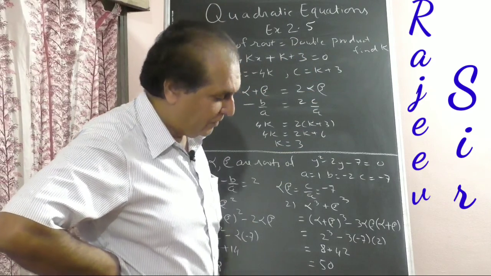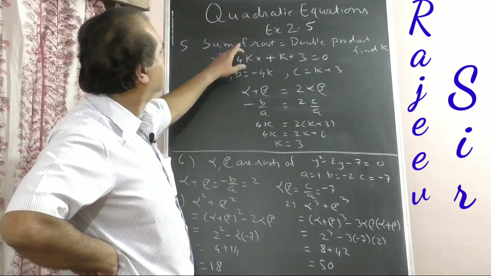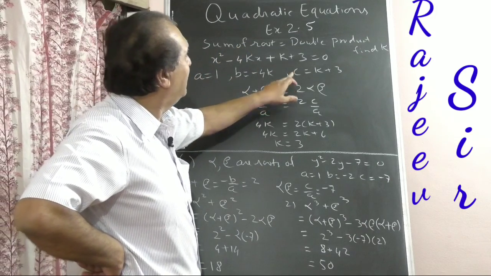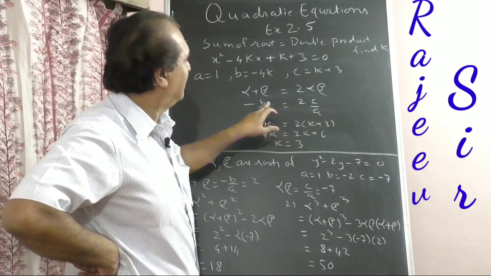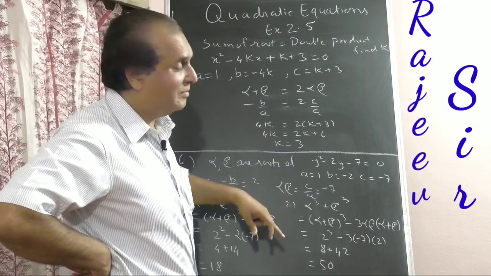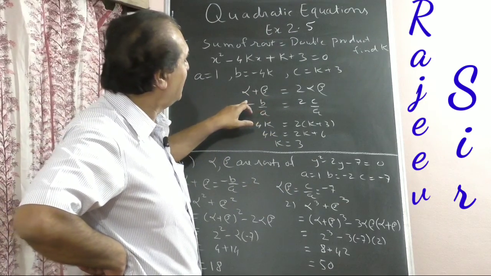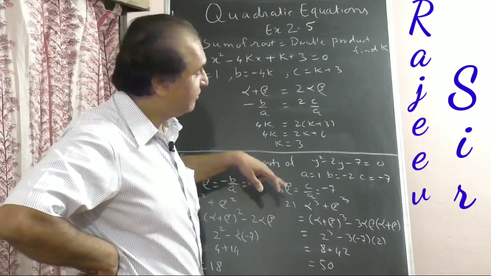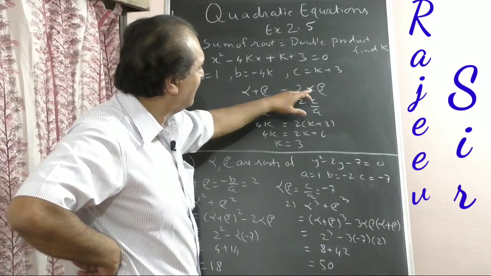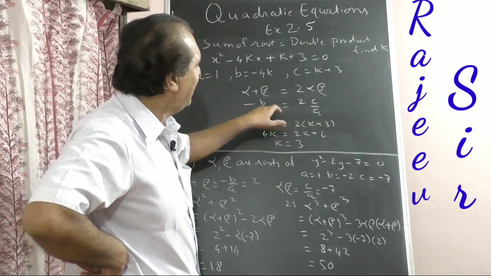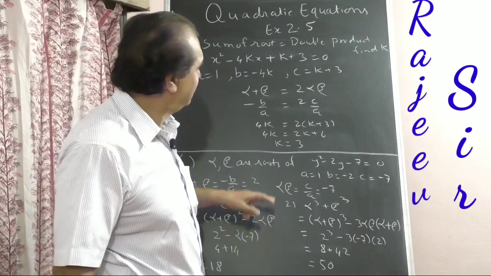Okay? Condition: sum of roots is equal to double the product, alpha beta. Alpha plus beta is double alpha beta. Alpha plus beta formula you know is minus b upon a, equal to 2 into alpha beta, which is c upon a. Now a common denominator cut.